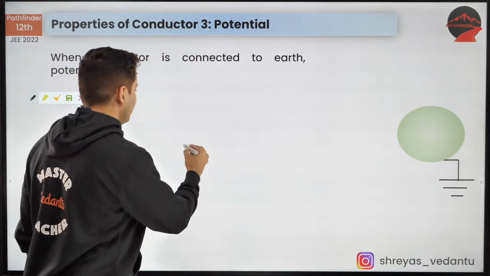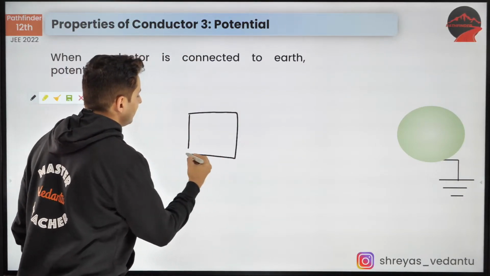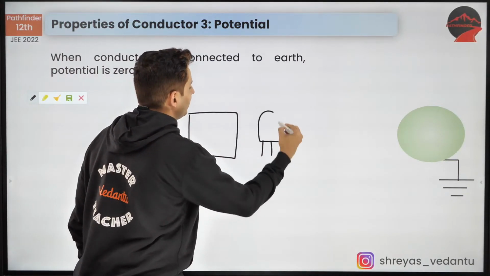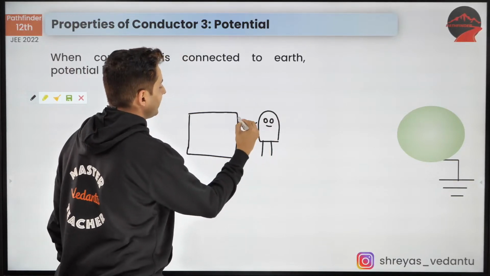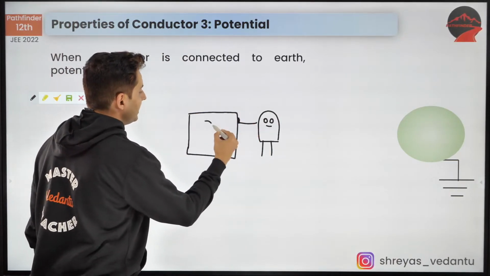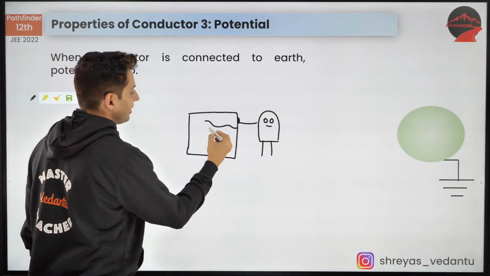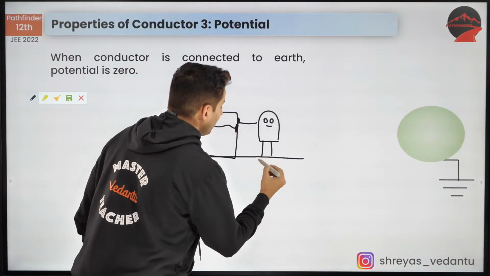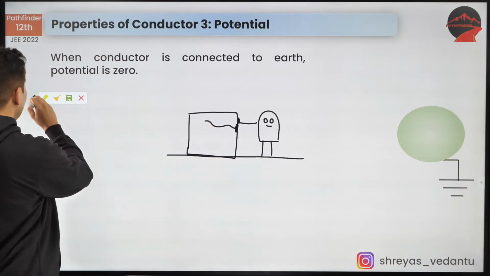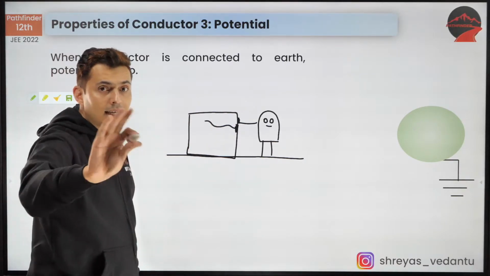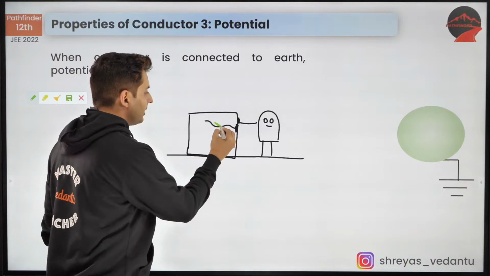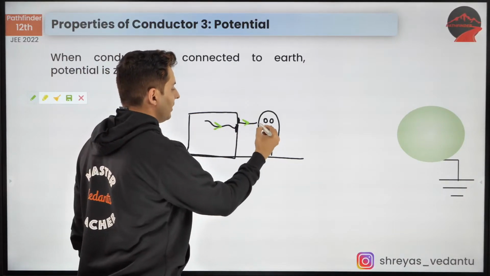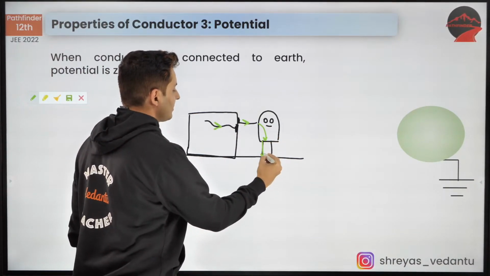So understand, if let's say this is a device and this is our Pandu, and he nicely touches it and there is some leakage, that wire is touching that metallic casing. Now, if there is no earthing, this current will flow through Pandu's hand, through Pandu's body, inside the earth.